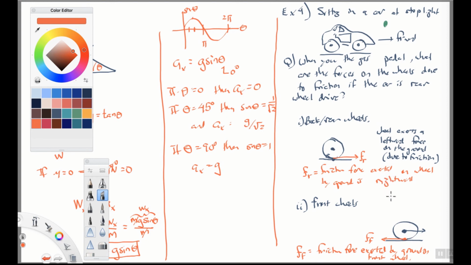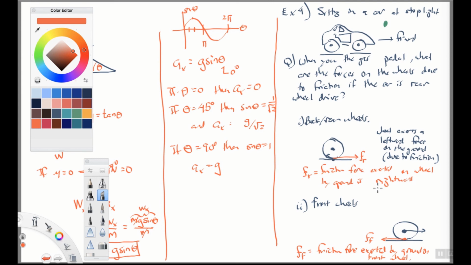The idea is that this friction force tries to prevent any relative motion between the wheel and the ground. The front wheel is trying to slide forward, and that friction force is aimed backward to prevent it. Here, the wheel is trying to rotate this way because the axle is turning, so this point is trying to move backwards, and the friction force is pushing on it forward, trying to prevent that relative motion.